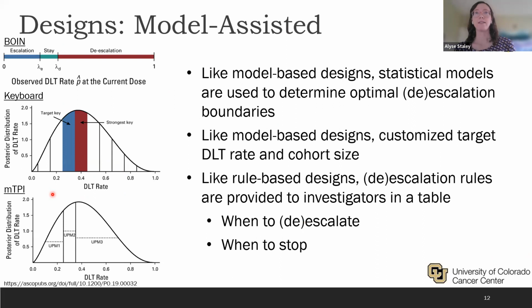And also like model-based designs, there's a customized target DLT rate, and the cohort size can also be customized. Like rule-based designs, these escalation rules are provided to investigators ahead of time in a table. That way, investigators know exactly when to escalate or de-escalate and when to stop the trial. I'll go into this in a lot more depth when we talk about the BOIN design specifically.